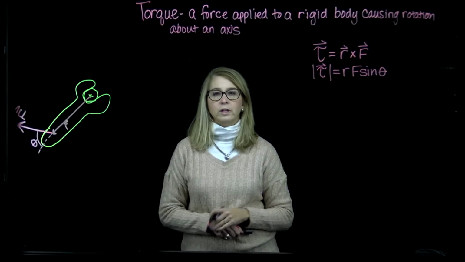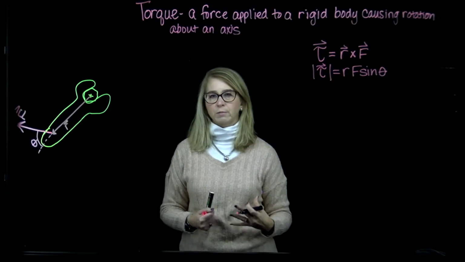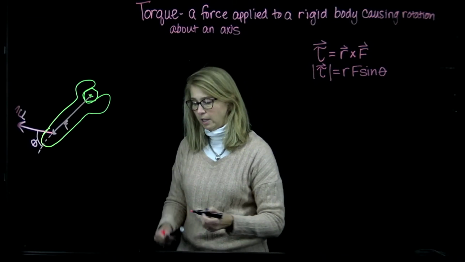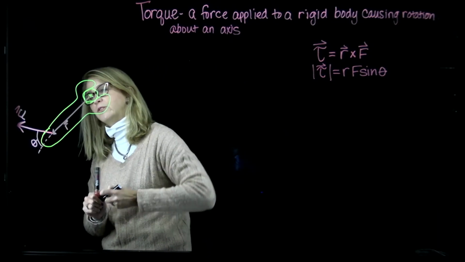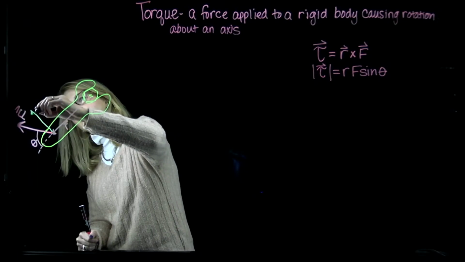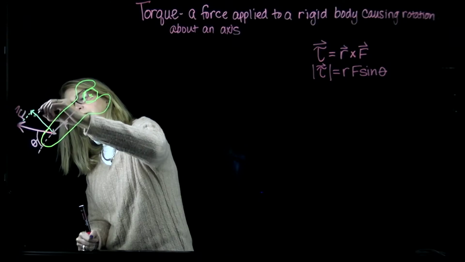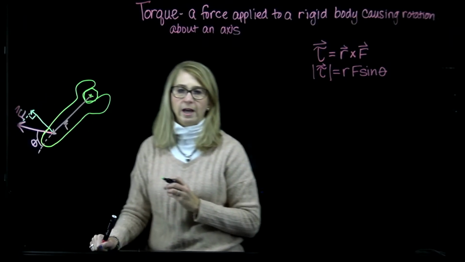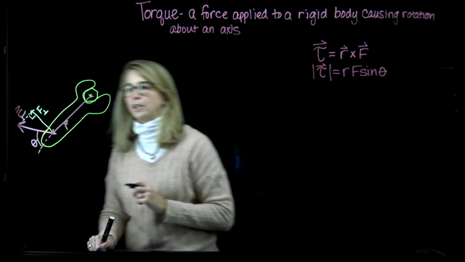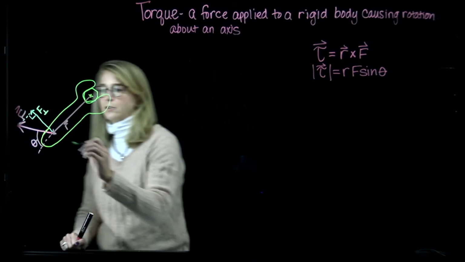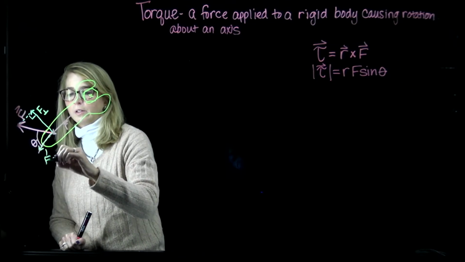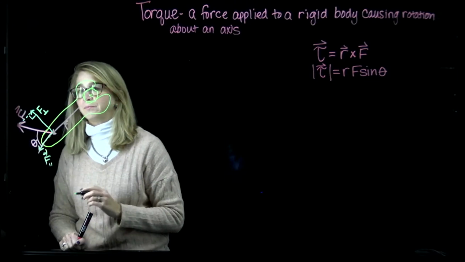So, if you think about that force that's applied, I drew it at an angle on purpose because if we break it down into its components, we have this component, which would hit at a right angle, and I'm going to call this F perpendicular. And we'd also have a parallel component right here, and I'm going to call that F parallel.